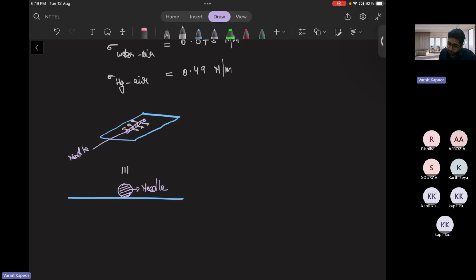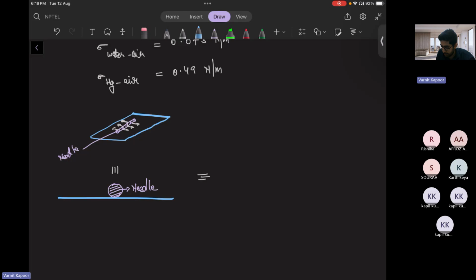So how can you observe that? There will be a very slight depression at the meniscus, or at the interface of the liquid. Your fluid layer was initially horizontal. When you kept the needle, there will be a slight depression on the liquid interface. Your needle will be here, and the surface tension acts perpendicular to the needle because the cohesive forces between the molecules of the liquid are attracting.